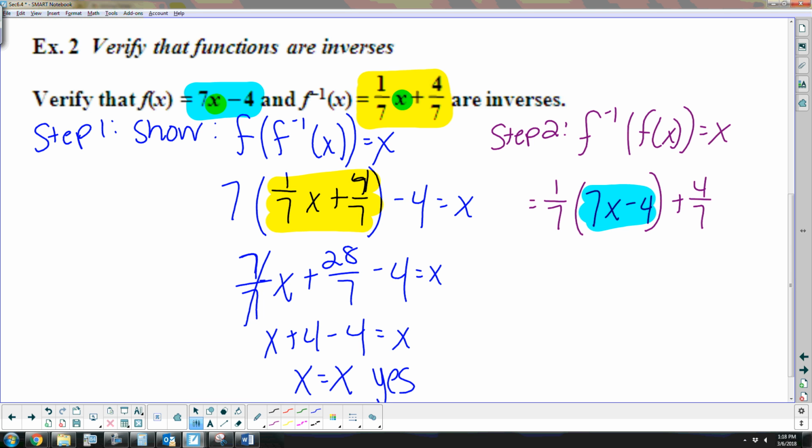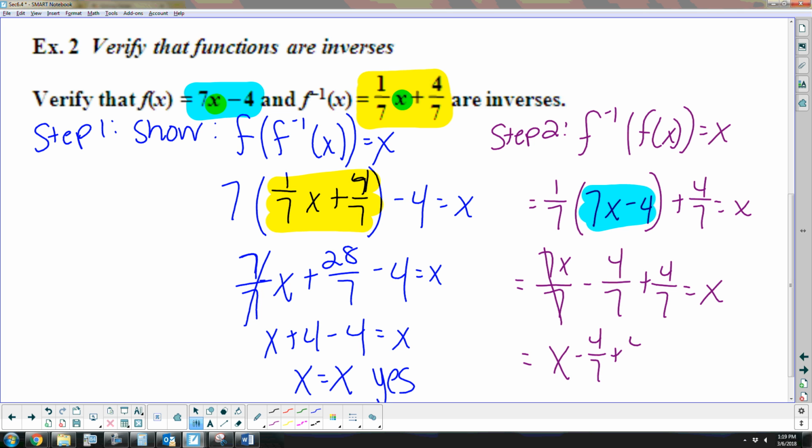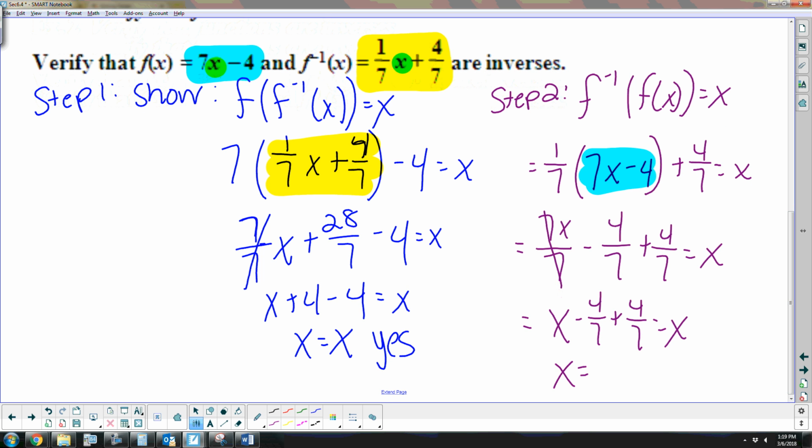So 1/7 times 7x using the distributive property is 7x over 7 minus 4 over 7 plus 4 over 7, and we want to show that's equal to x. So we're saying x minus 4/7 plus 4/7 equals x, which is true. x equals x.